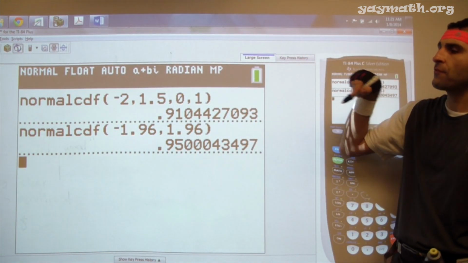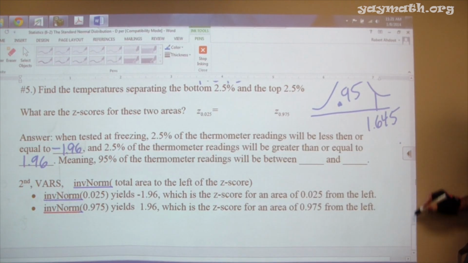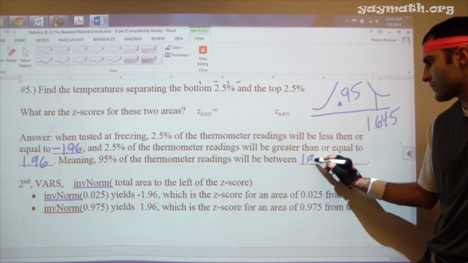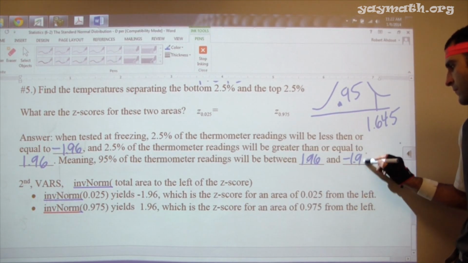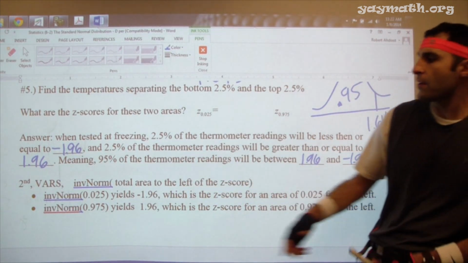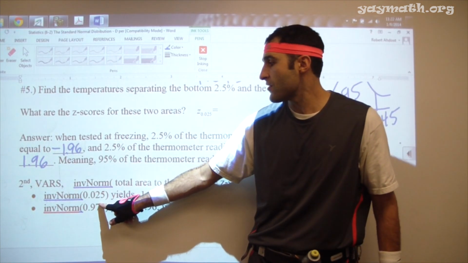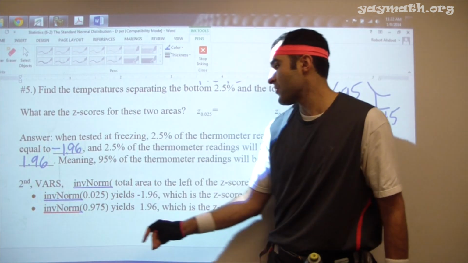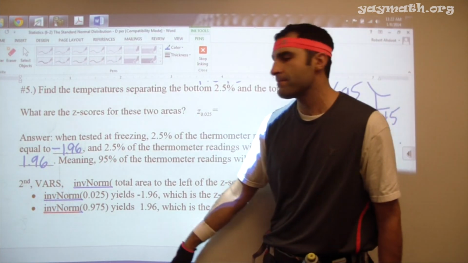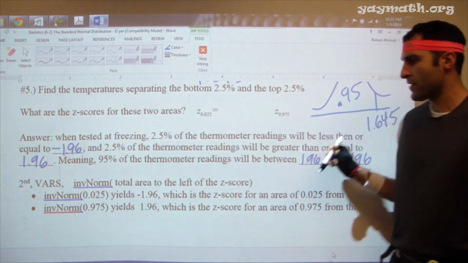There's one more calculator function I want to show you, and then we're done. Inverse norm. It's the last one. Okay. Total area to the left of the z-score. So this in the calculator right here will give you the area to the left. Oh, excuse me. It'll give you the z-score. Sorry, I was thinking a second.